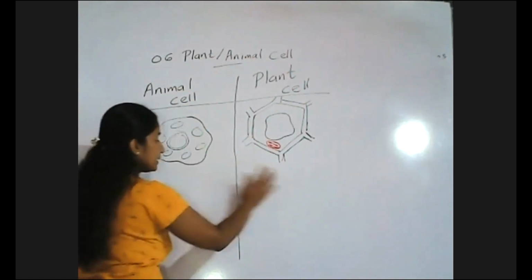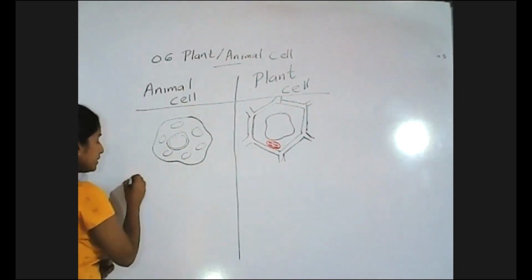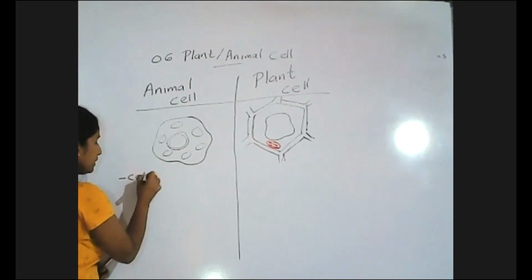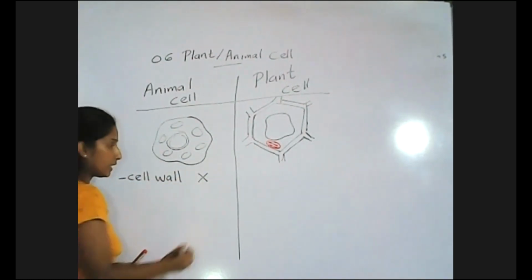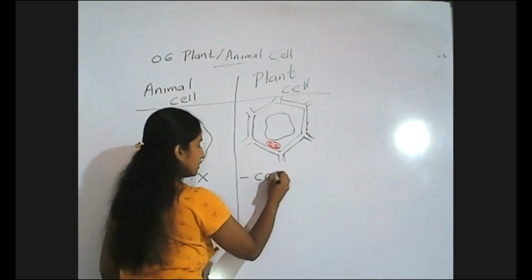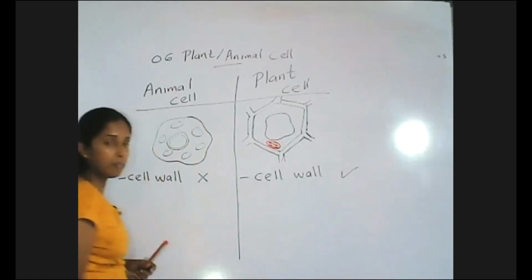So when we consider the differences, in the animal cell, cell wall is absent, while cell wall is present in the plant cell.